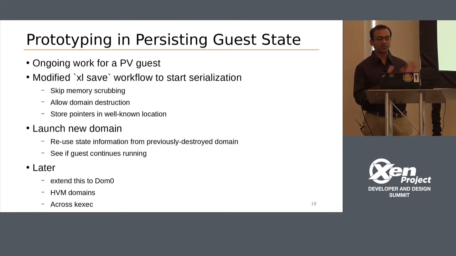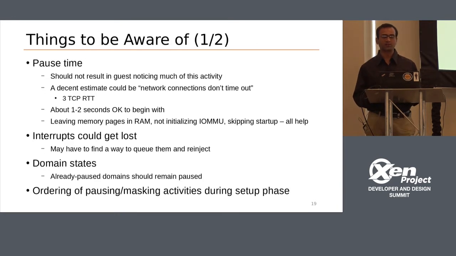All right, so this is mainly the high-level overview of how we are approaching the problem and how we are slicing it to make it tractable. There are a few gotchas that we need to be aware of. There are going to be several problems and challenges that we have to take care of. One is the pause time.